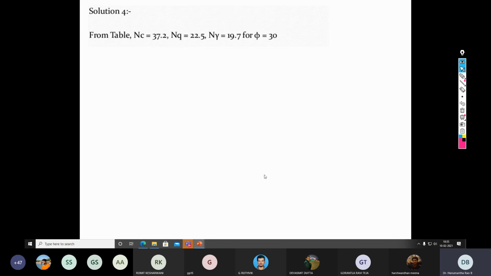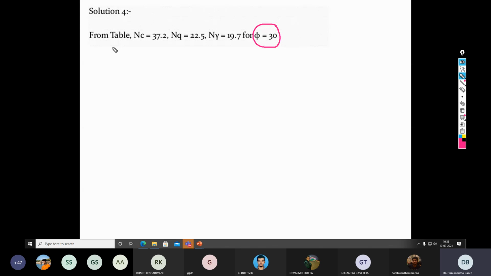Your first step is to pick up the values of the bearing capacity factors, that is Nc, Nq and N gamma, for the given phi of 30 degrees. From the table, and again I repeat, these values will be provided in the exam.